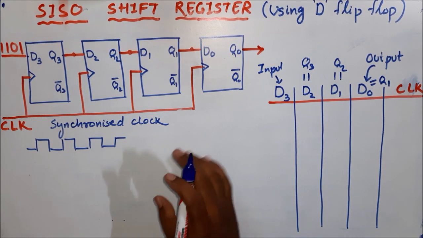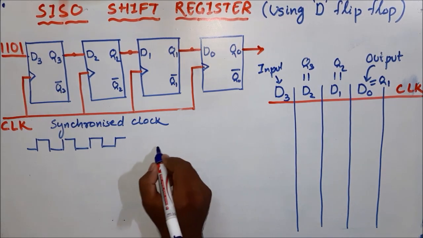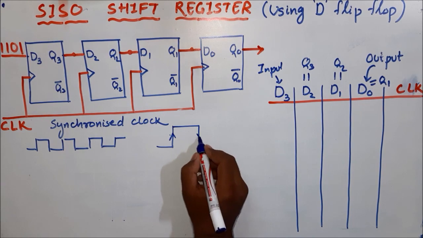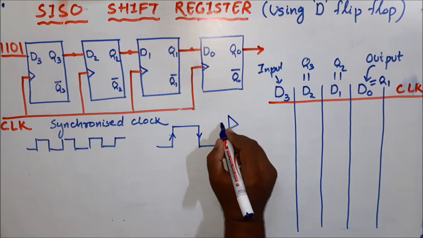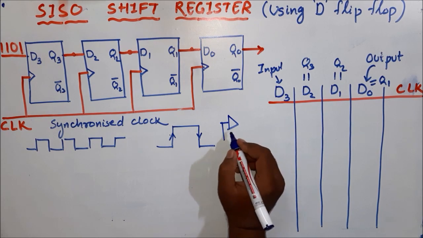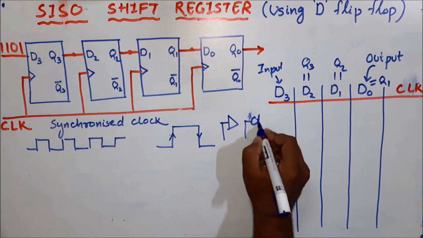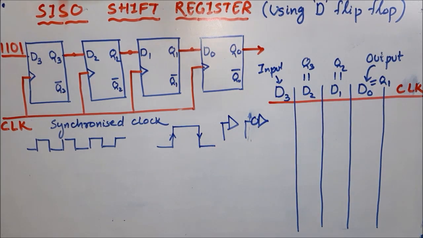And as we know, a flip-flop always takes edge triggering, either rising edge or falling edge. In the picture, we represent a triangle like this for the rising edge. If we represent it like this with a bubble, then it's called falling edge. Anyhow, we are giving rising edge triggering.